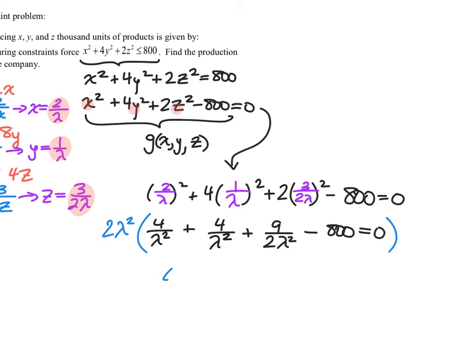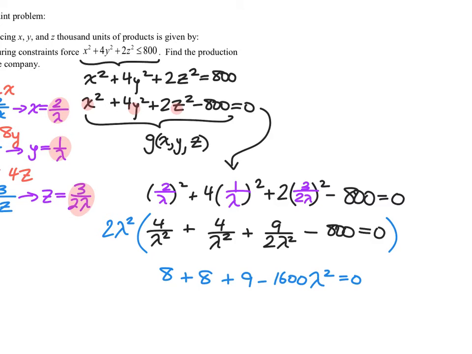So we're looking at 8 plus 8 plus 9 minus 1600 lambda squared is equal to 0.